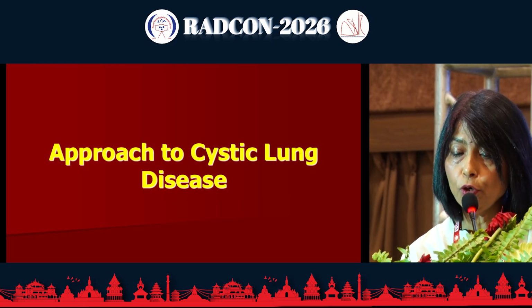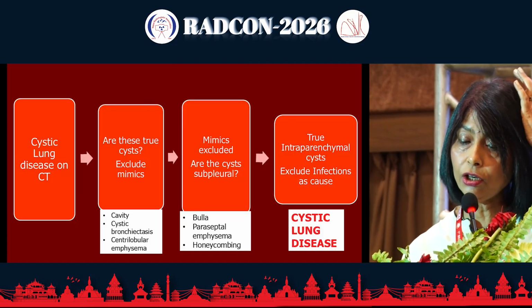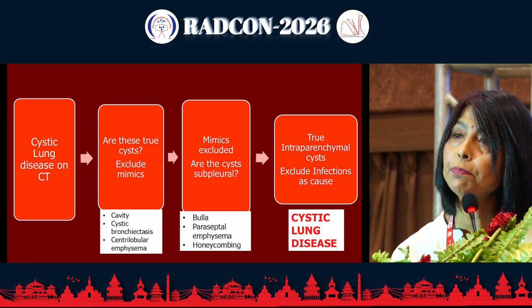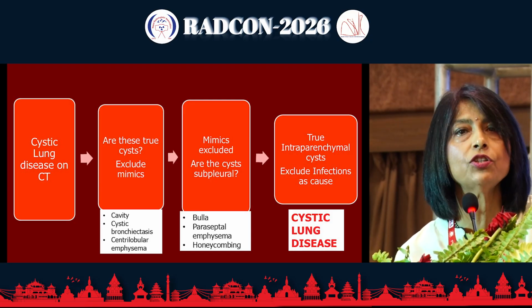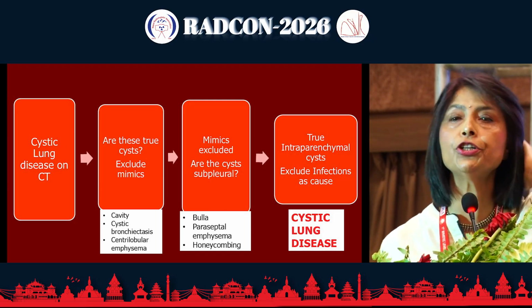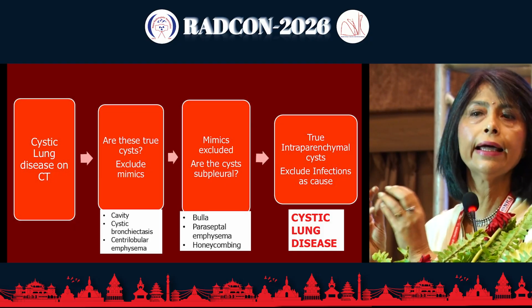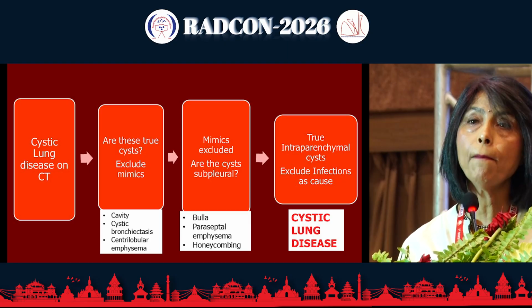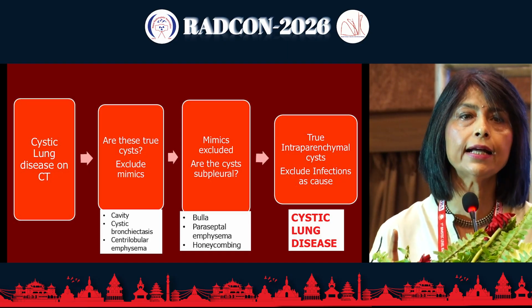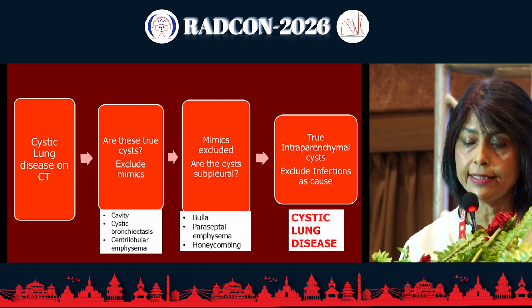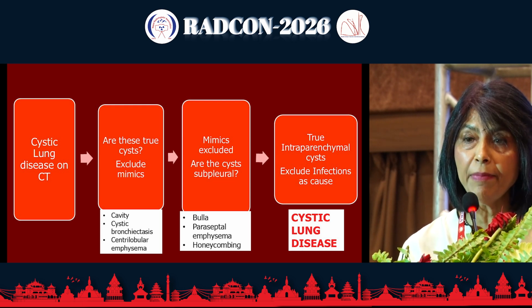When we come to the approach to a cystic lung disease, a lot of this part 2, which is excluding mimics, Bhavin covered in his talk when he was explaining how to differentiate honeycombing, because eventually honeycombing is also like a cluster of cysts. But will we really call it a cystic lung disease? We will not. So before we call something cystic lung disease, you exclude the mimics.